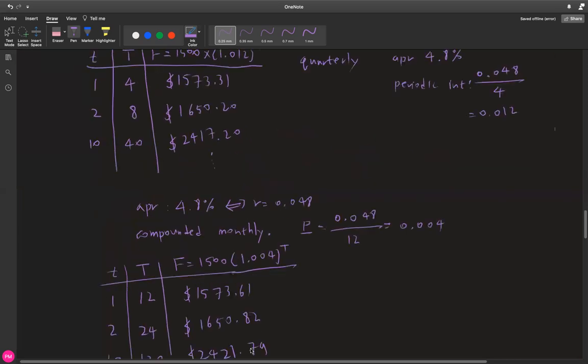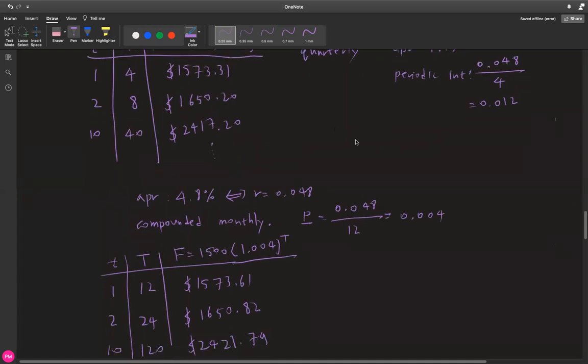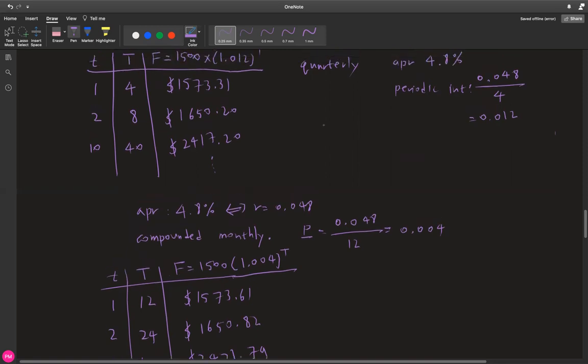So let's compare it to the previous example. Here we both had the APR of 4.8%. We also both had the same principal, or the investment amount, of $1,500. The only thing that was different was the frequency of compounding. In the first example, we did quarterly, and in the second example, we did monthly.